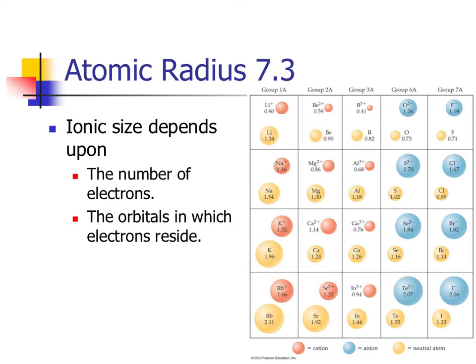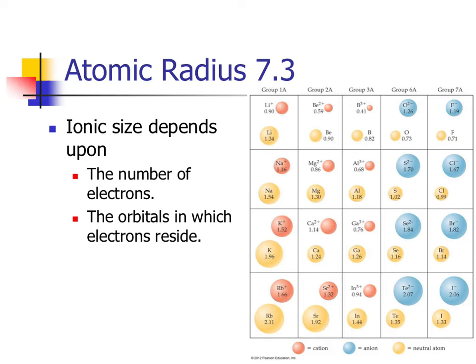Now, why all of a sudden do oxygen and fluorine get bigger? Well, they're gaining electrons, meaning you have more negative in those rings than you had before. Opposites might attract, but like charges repel.